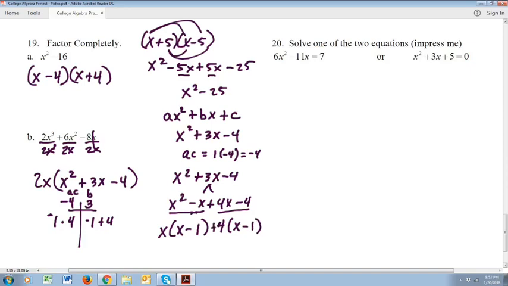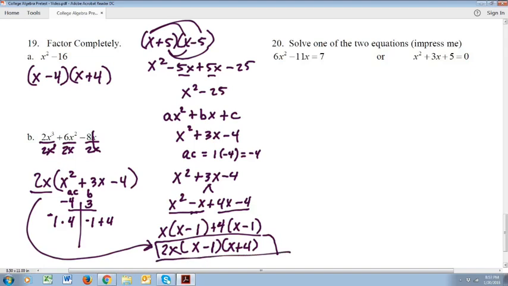This has to be a positive 4. We end up with x minus 1 times x plus 4. So the final answer, don't forget we had a 2x here, is going to be 2x times x minus 1 times x plus 4.